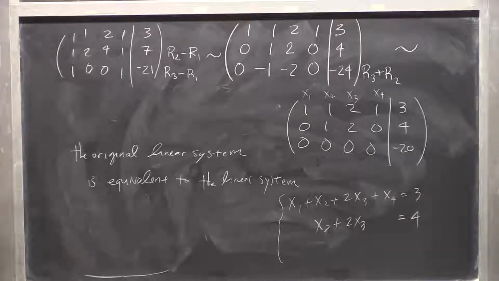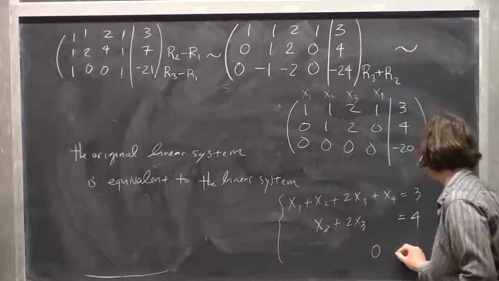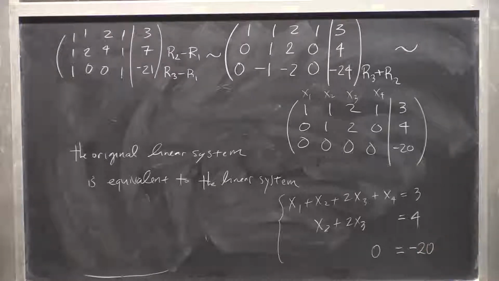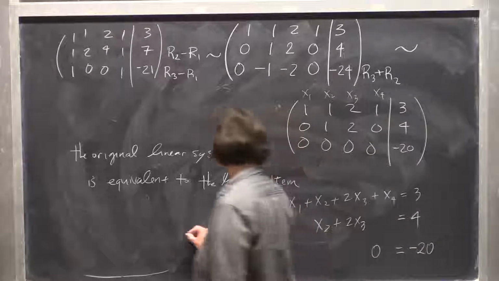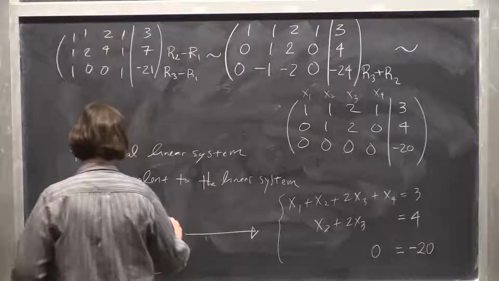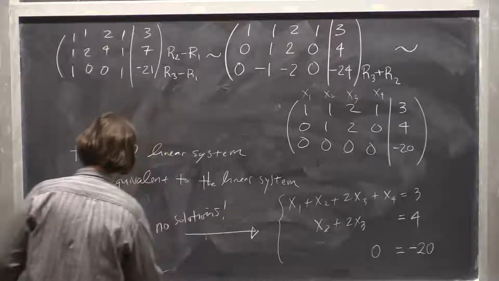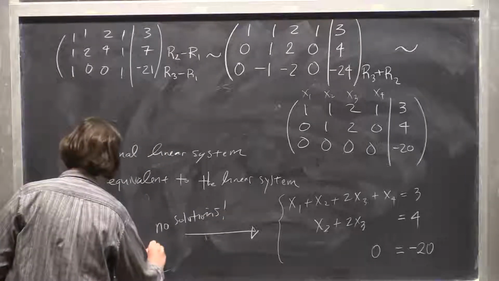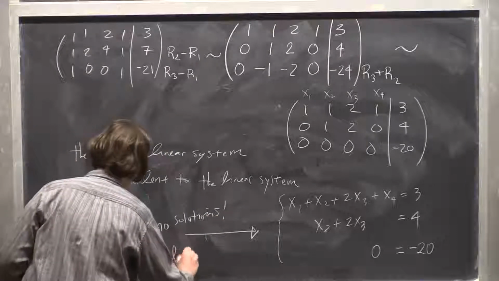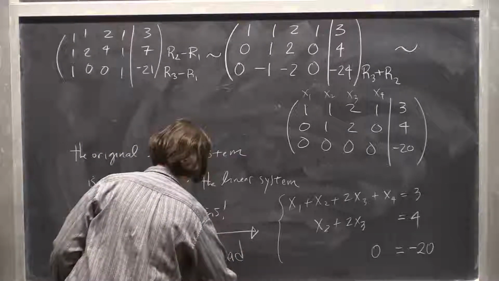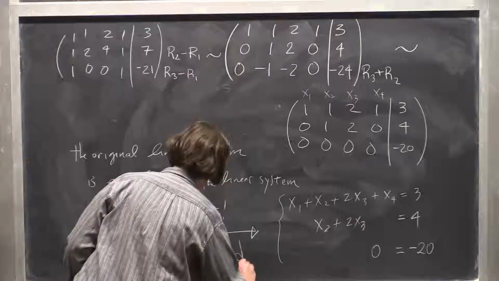And what equation do I get from the third row? 0 equals minus 20. This has no solutions. So the original system had no solutions.